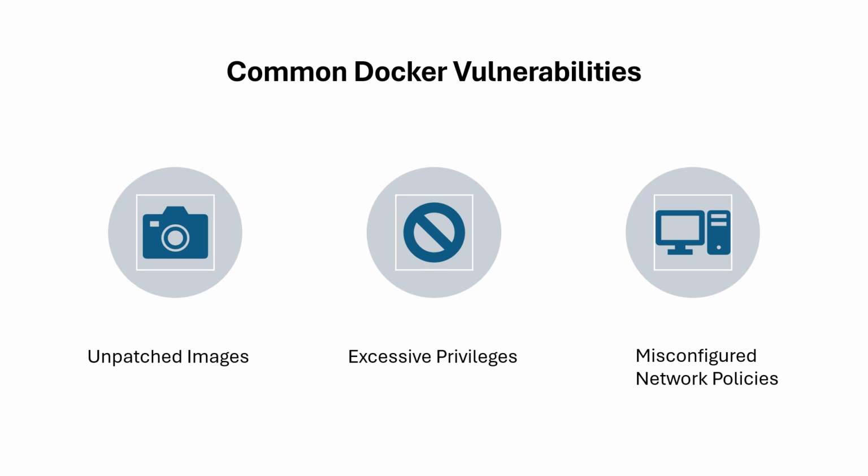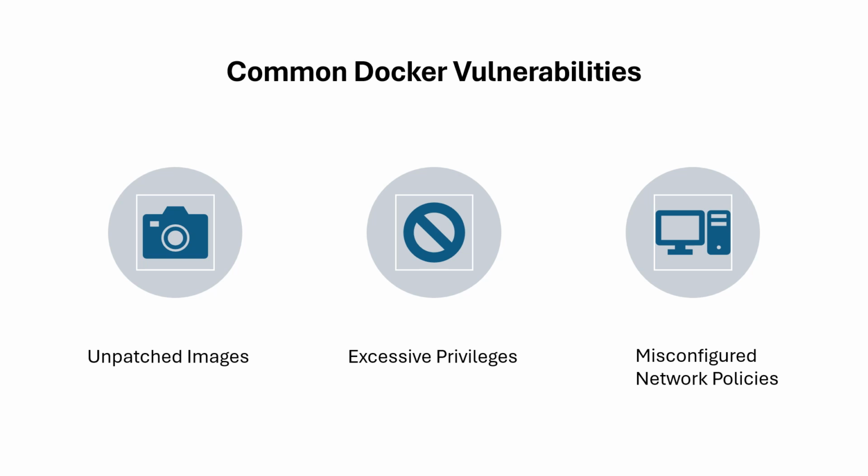Docker environments can be vulnerable in several ways if best practices are not followed. One of the most common vulnerabilities is using outdated or unpatched container images, which can expose known security holes to attackers. Another significant issue is running containers with excessive privileges, such as using the root user, which can lead to severe consequences if the container is compromised.